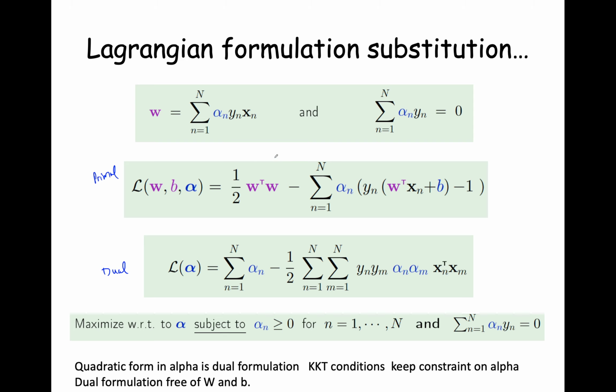So let's begin. So here we have 1/2 W transpose W. So we're going to substitute this expression for W that we solved for. We have our first W, W transpose, so we're going to substitute the sum, n goes from 1 to big N, of alpha n y n x n.